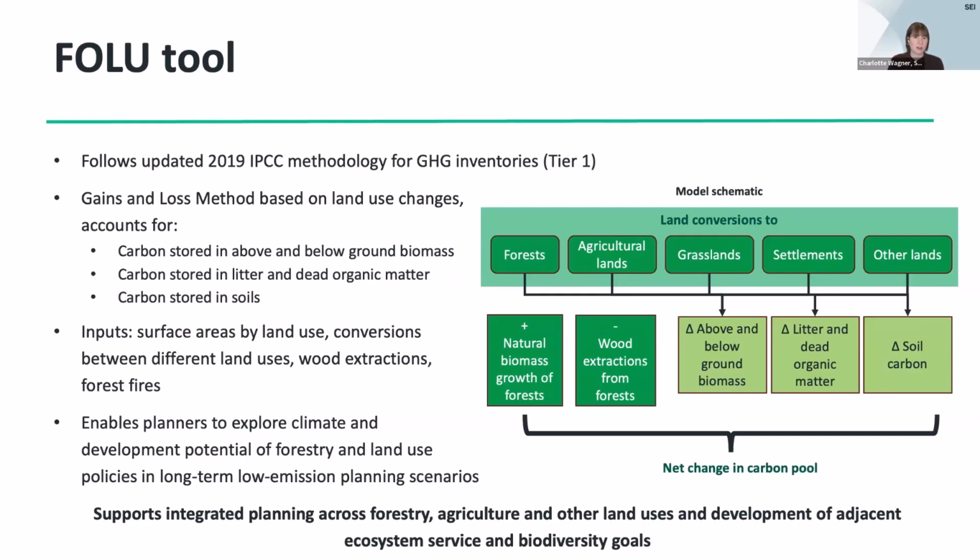And as inputs, as I said earlier, you primarily need surface areas by land use, which is data that exists at the national level, and then land or policy instituted conversions between different land uses, as well as historical transitions, like data on historical deforestation or forest fires, for example. And then it also uses data on wood extractions to calculate the net change in the carbon pool.